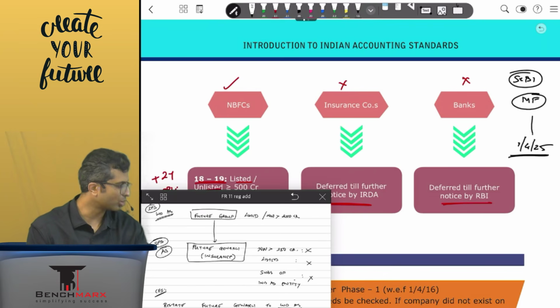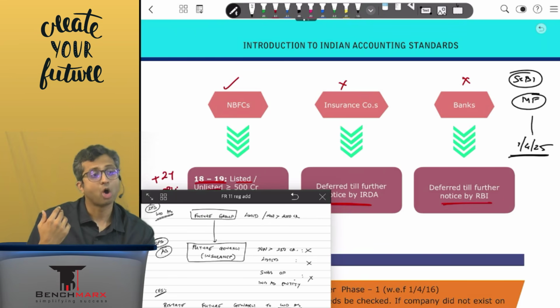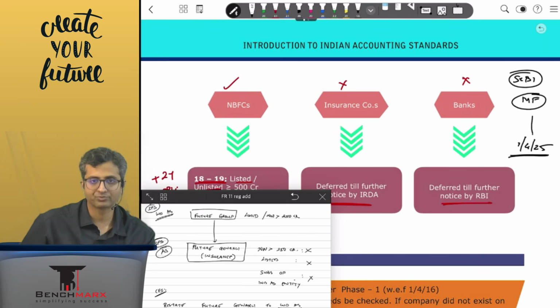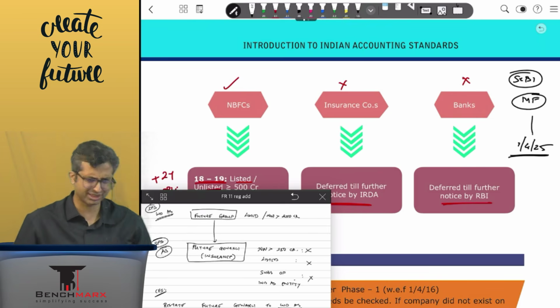But mutual fund accounting is not in your syllabus, so it does not really matter. Just for your knowledge, all mutual funds from 1st April 2025 onwards will comply with Ind AS. Are we clear with this? But not really important from an exam perspective.